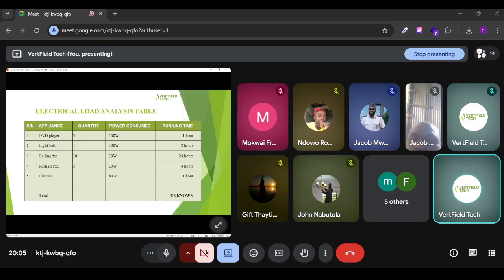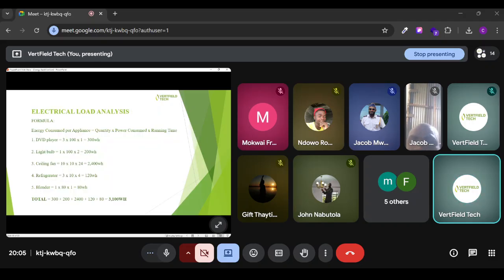So how do you apply that? You apply that formula to get the energy consumed by each of these appliances, then sum it up. That is to say, add the individual energy consumptions up to give you the total energy consumption.